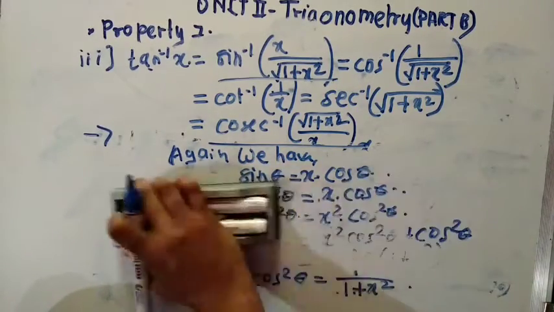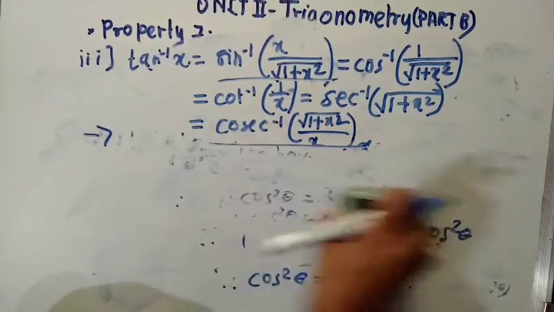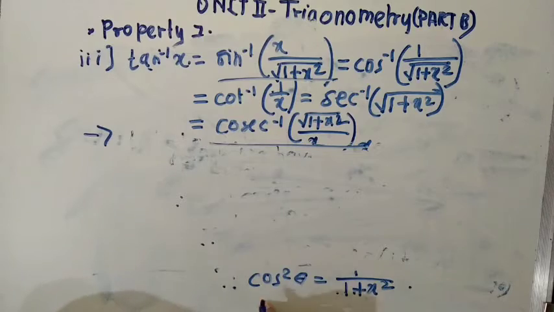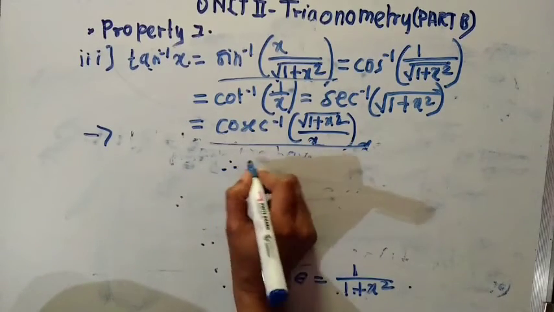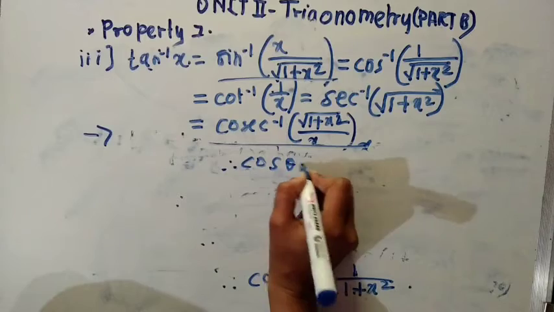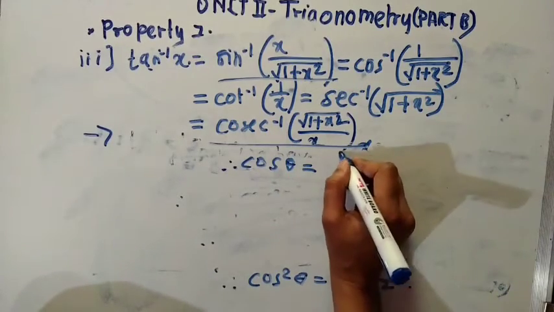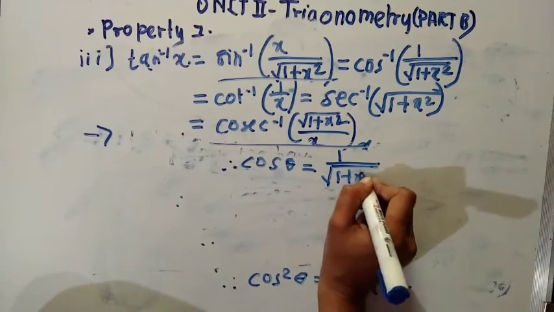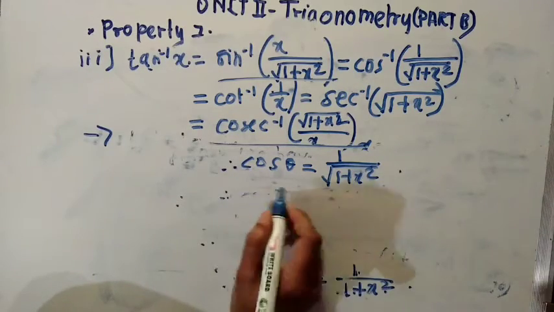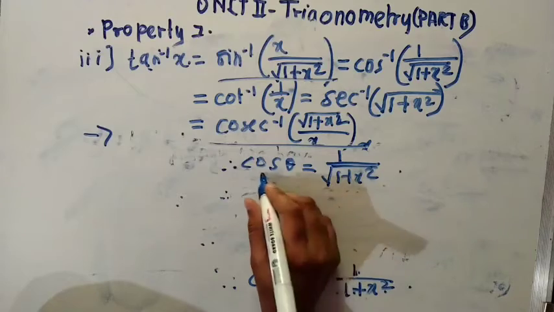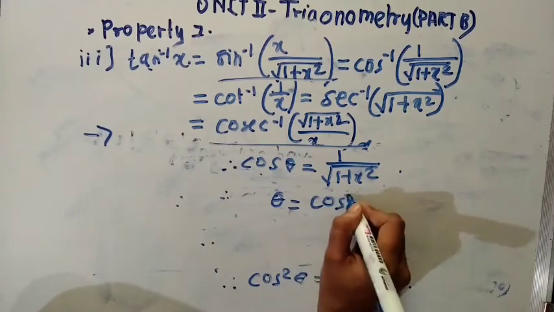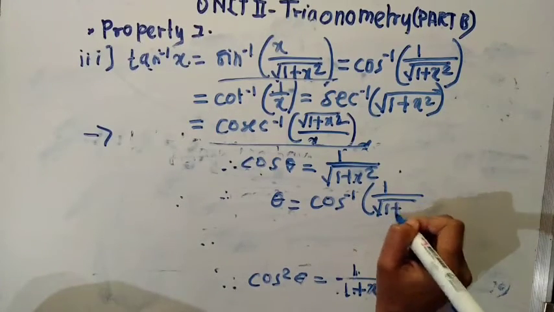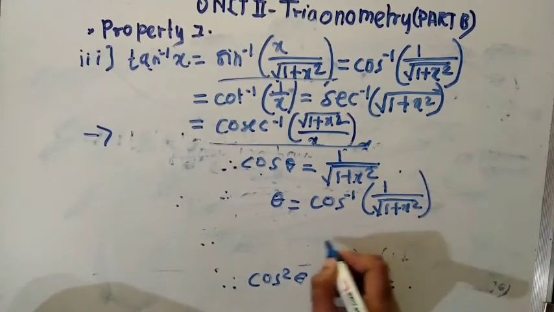But here from cos square theta we have to find cos theta. So cos theta is equal to root 1 upon root 1 plus x square. Hence theta is equal to cos inverse of 1 upon root 1 plus x square by the definition of inverse function.